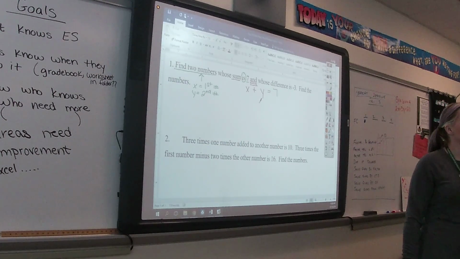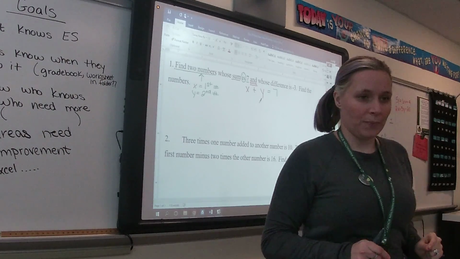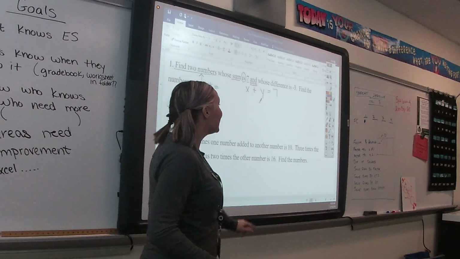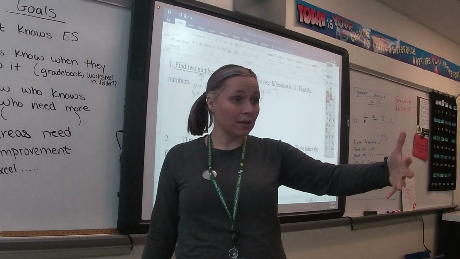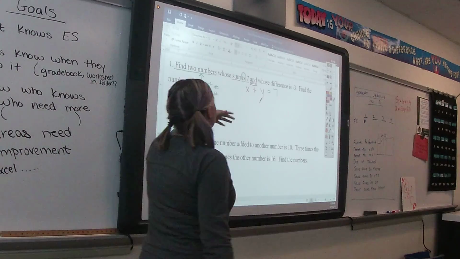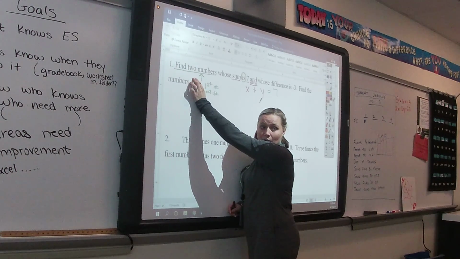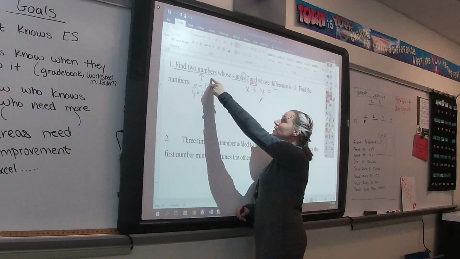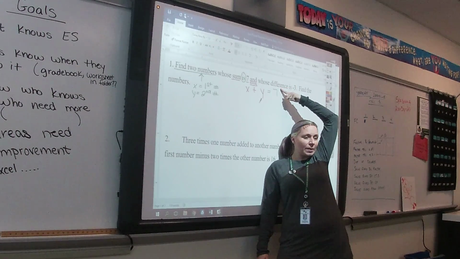In the math world, a sentence creates an equation. So we need to recognize that this and is really starting a new sentence, so it'll be y, and we're putting those together. The subject is the same. Find two numbers whose difference. What does difference mean?